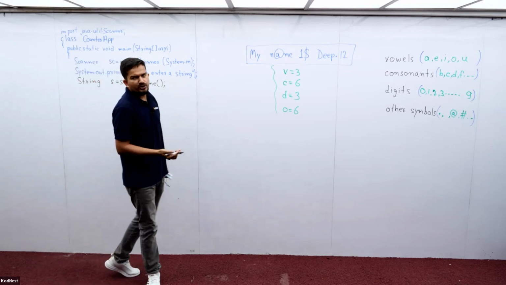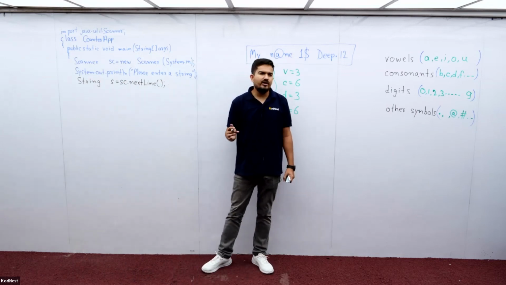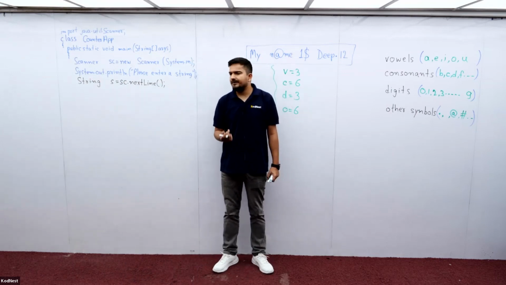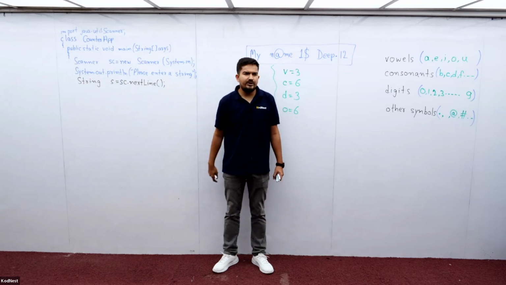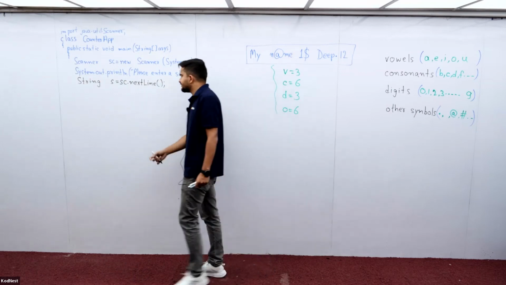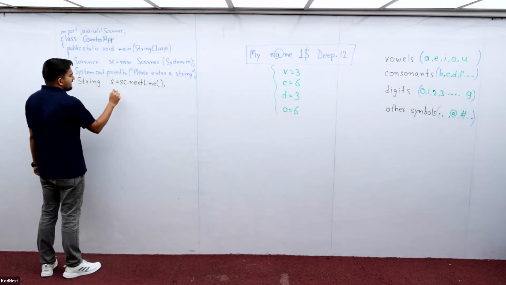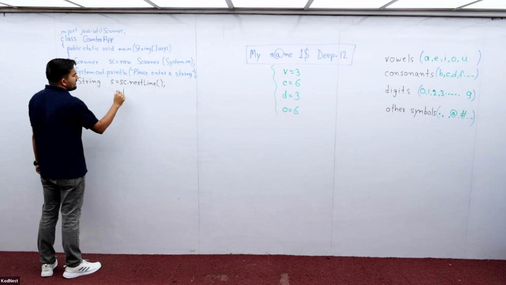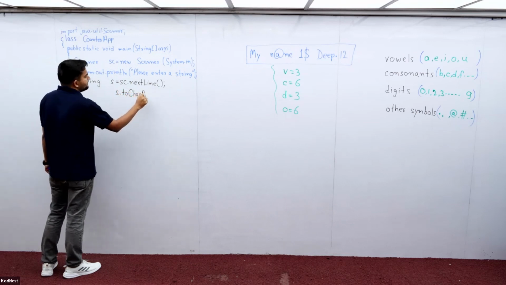But as I have told you many a time, in the interviews, they are probably not going to allow you to use the inbuilt methods of the String class. Only one method you will be able to use, that is the toCharArray method. So first we are going to convert this string into an array of characters. Inside the String class, there is a very important method called toCharArray.